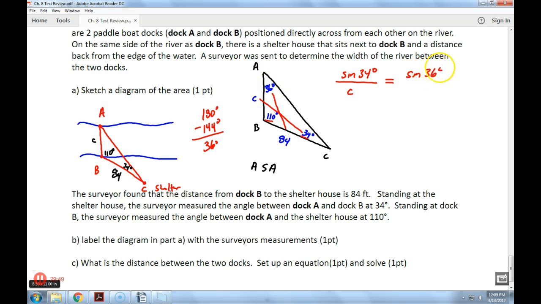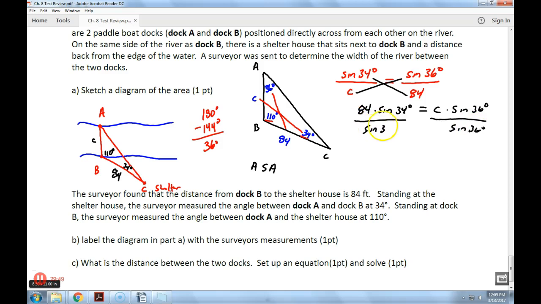So I'm going to go ahead and finish this. Sine of 36 degrees over 84. And I do a little bit of cross multiplying here. 84 times the sine of 34 degrees equals C times the sine of 36. Divide both sides by the sine of 36, and that should tell me what C is.